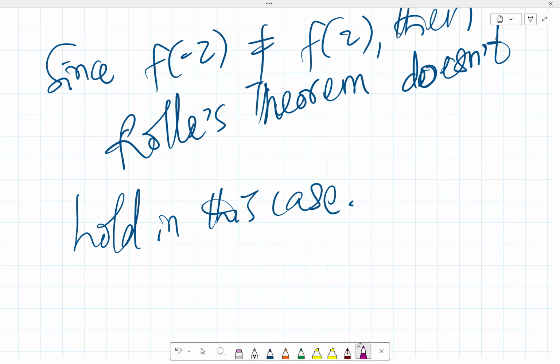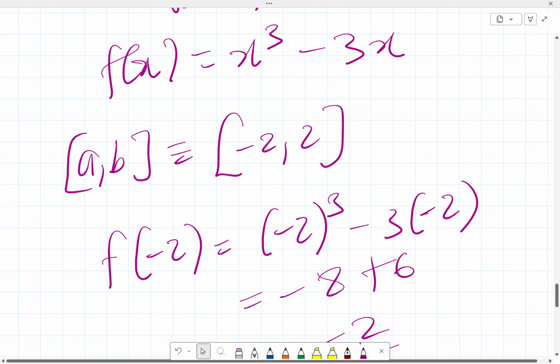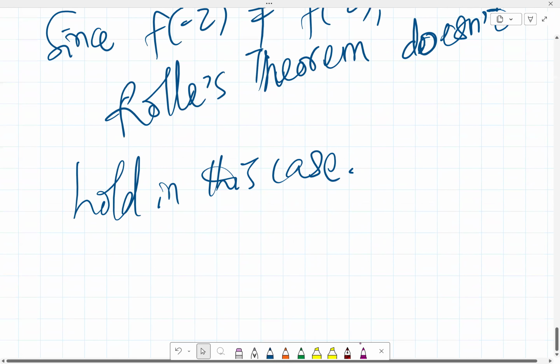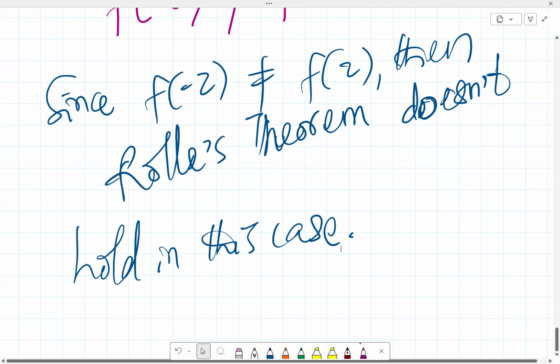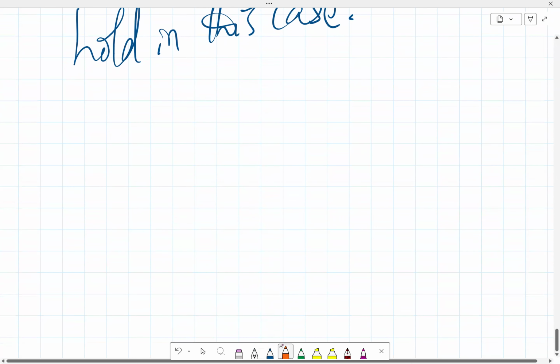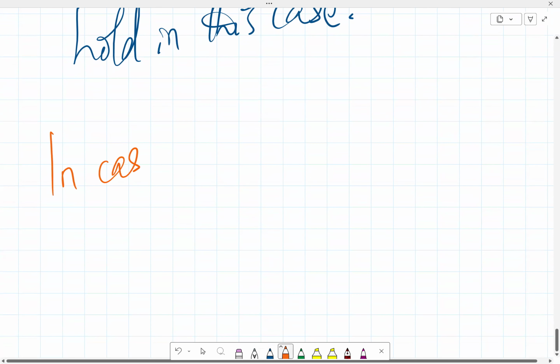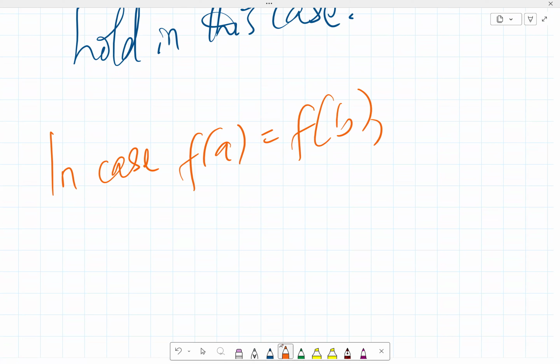So if we assume that it held, if this third condition had been met, you don't have to continue, this is the end of this, but I'm just trying to say that in case f of A were equal to f of B, then you would need f prime of C equals 0.